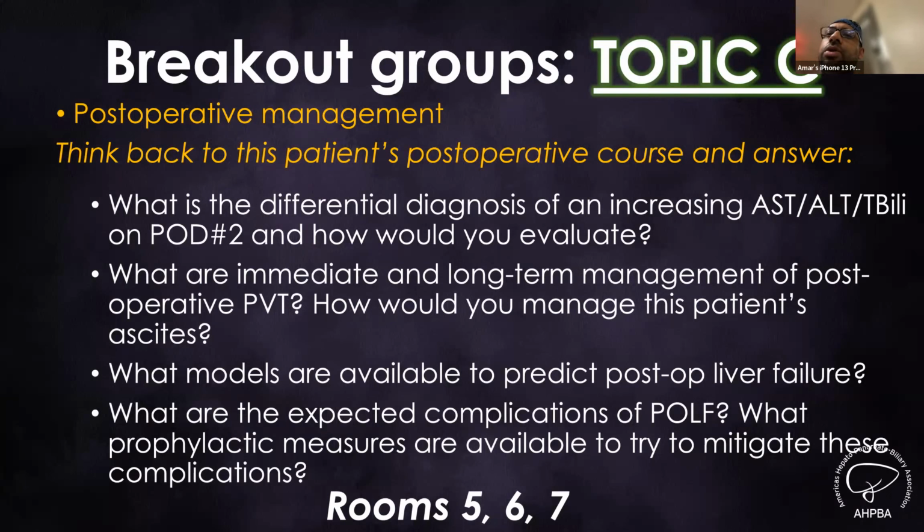What are the immediate and long-term management strategies for post-operative portal vein thrombosis, and how would you manage this patient's ascites? If we get to it, what are the models that are available to predict post-operative liver failure? And the last one is, what are the expected complications of post-op liver failure? What's the natural history of these patients that go into liver failure after resection? And what prophylactic measures do we have to try to mitigate some of these complications? So that's for rooms 5, 6, and 7.